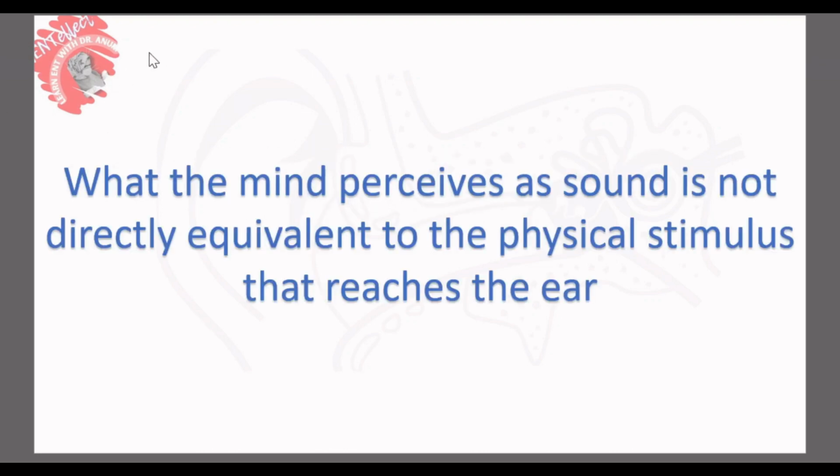Now, what the mind perceives as sound is not directly equivalent to the physical stimulus that reaches the ear. What does this mean? It means that if there is any sound, for example, of 60 decibels of intensity, and it reaches the human ear, it goes into the ear after the sound waves are converted into electrical stimulus.